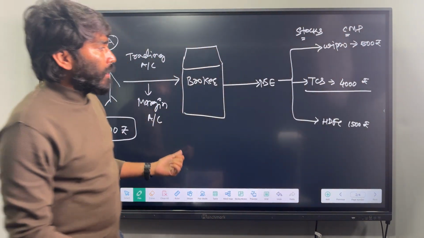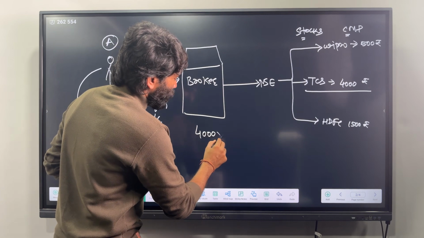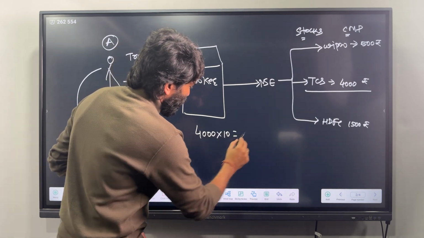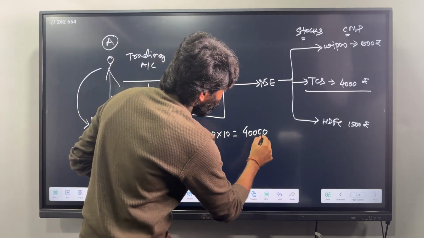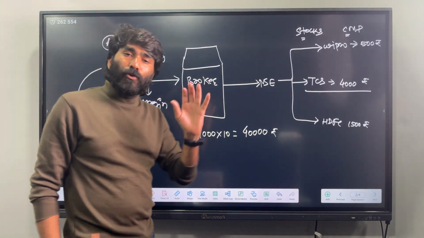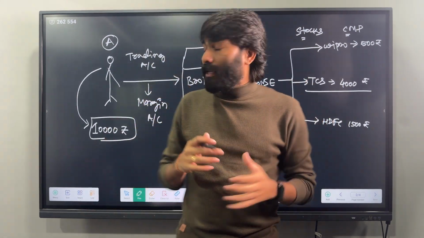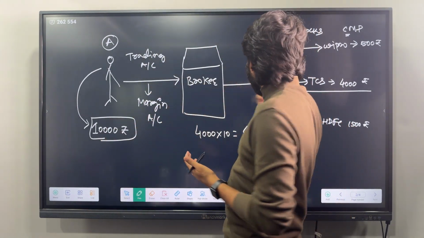Because 10 quantities would be, let's calculate it, 4,000 into 10, around 40,000 rupees, and I have only 10,000 rupees capital available in my account. So now you tell me how we can buy these particular stocks.